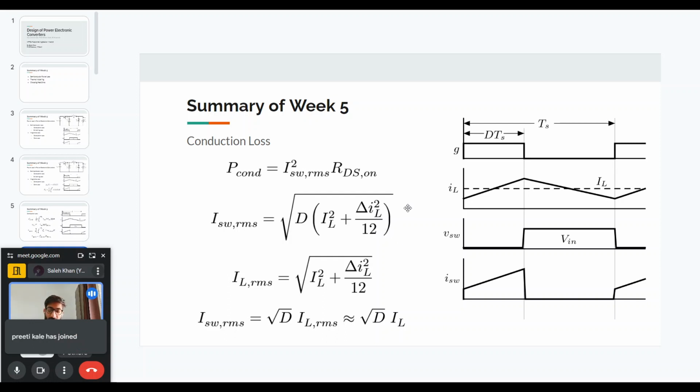So you can just try to find the RMS, you will get this expression. And we can now see that the RMS of the inductor current is given by this expression, and there is some similarity between these two expressions. So in fact, the switch RMS current is equal to the root of D times the inductor RMS current.